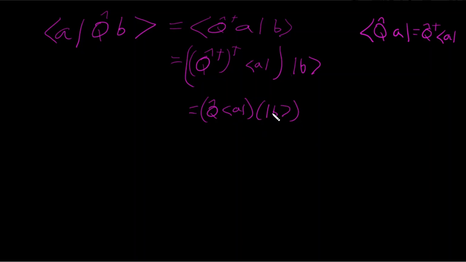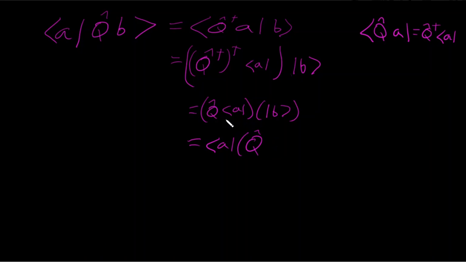Now I'm going to be skipping a step here, because it requires a little bit of linear algebra to really understand why we're doing this, and in section 5, I promise we will get to this. But for right now, I need you guys to just accept that this is true. It doesn't entirely work out that this is Q hat times the inner product of A and B. That just doesn't happen to work.